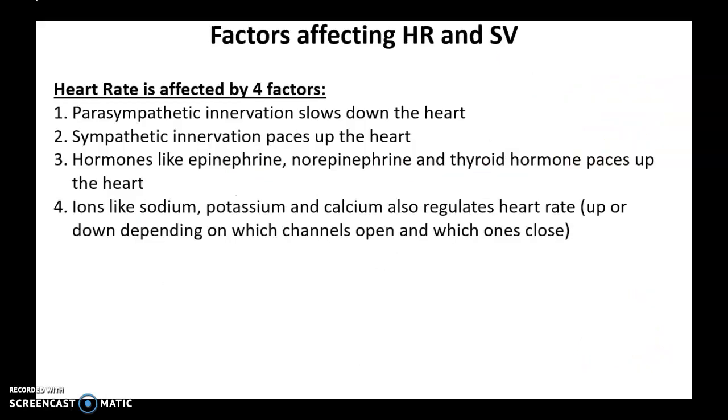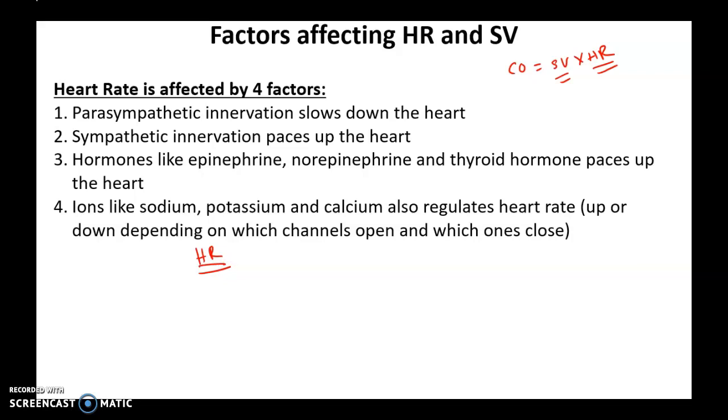Alright. Now, we understand that cardiac output equals stroke volume times heart rate, right? Now, there are some factors that affect the heart rate, and there are some factors that affect the stroke volume. Let's talk about this. Well, heart rate. Heart rate is affected by 4 factors, as you see here.